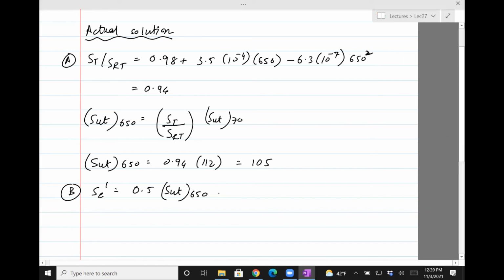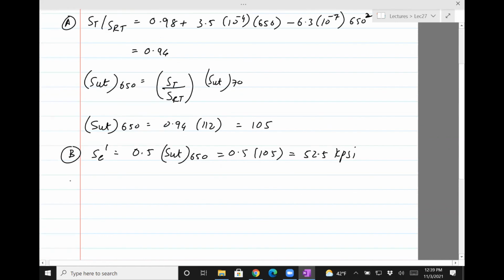So it's 0.5 times 105, which is 52.5 kpsi. So that's done. Let's move on to the factors: KA, KB, KC, KD, KE, KF.